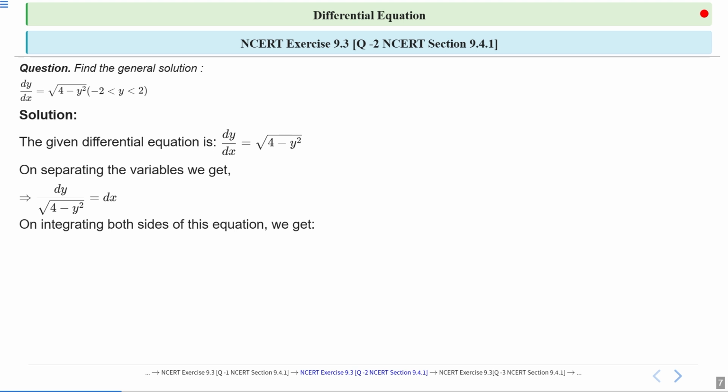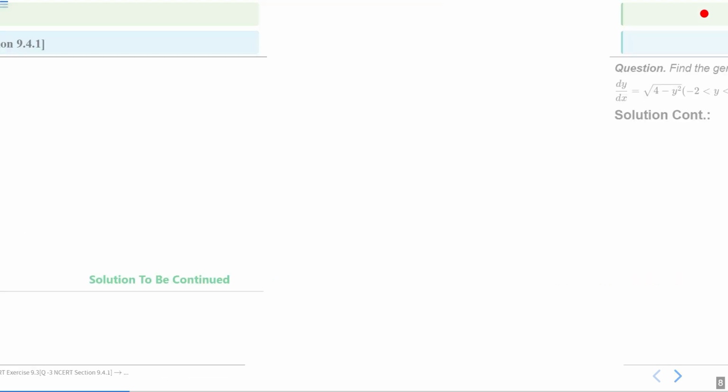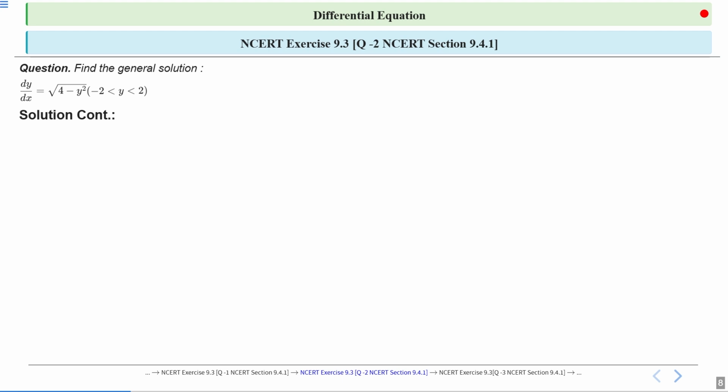Now we have to integrate this so that we can find the solution. So integration of dy by root under 4 minus y square is equal to integration of dx. To find the integration of dy by root under 4 minus y square, this is a standard form, a special case of integral, and we already know the formula: the integral of dy by root under a square minus y square is sine inverse y by a.